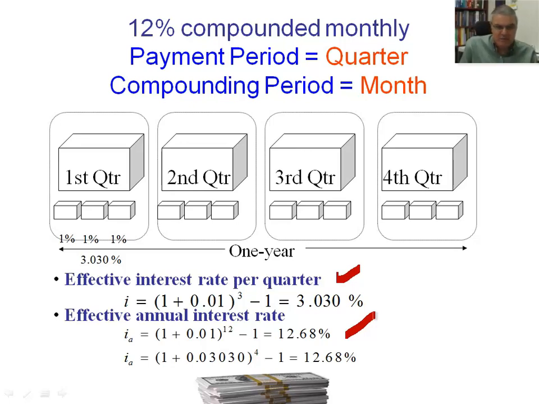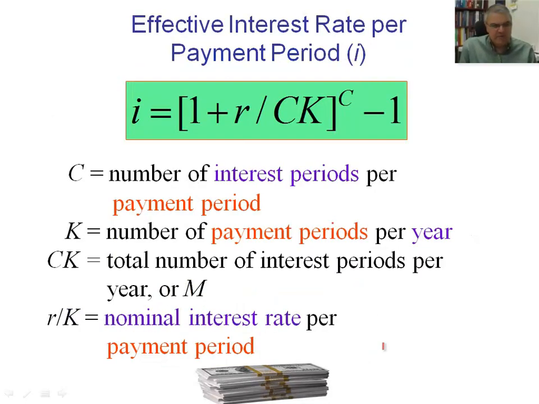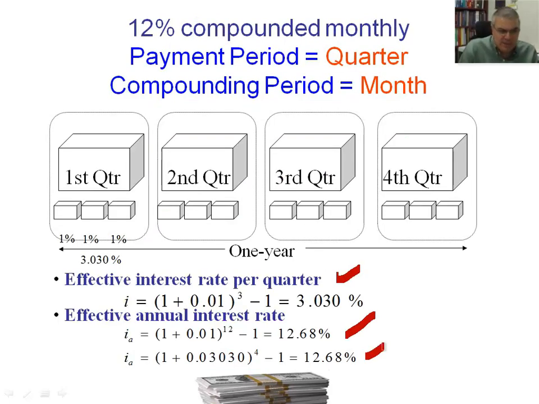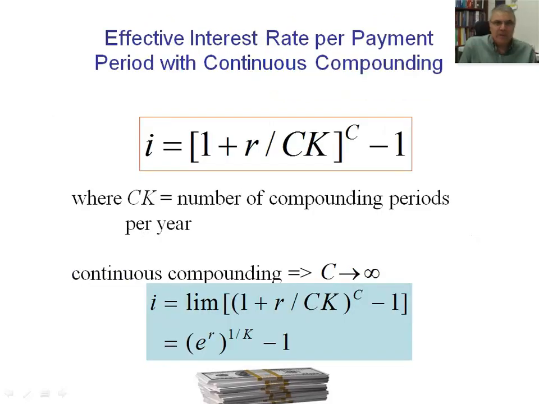That's the effective annual interest rate. If you use the formula that I just introduced, you should be able to get the same result. This is just the formula that we just saw, subtracting 1 from the right side of the equation, and that's going to be I sub A. So both should give the same results, really.